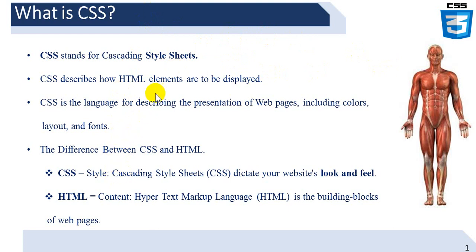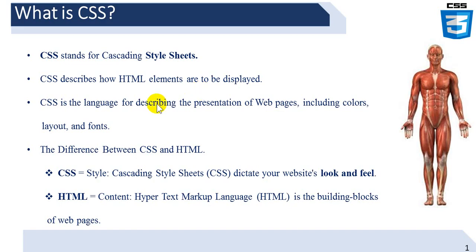Now with the help of CSS, you can decide how to display the elements on the web page. Where you want to display the element, what the color of the element will be, whether you want a border or not, whether you want a shadow or not. Like that you can describe how the elements are to be displayed on the web page.